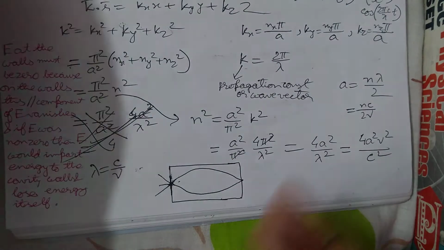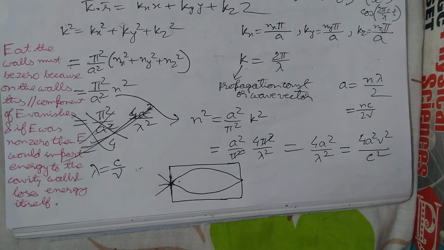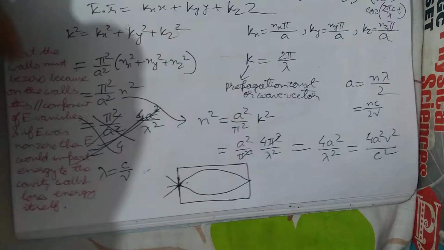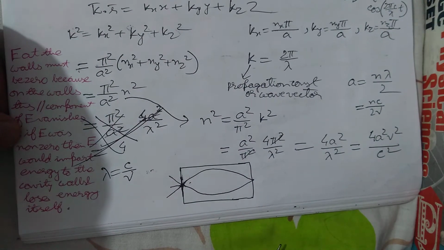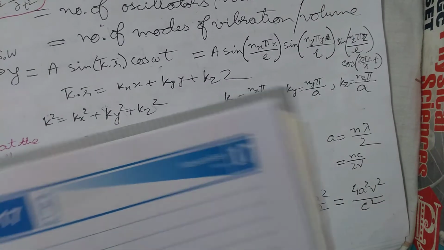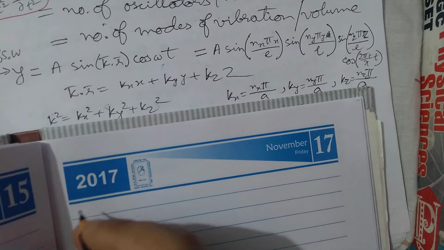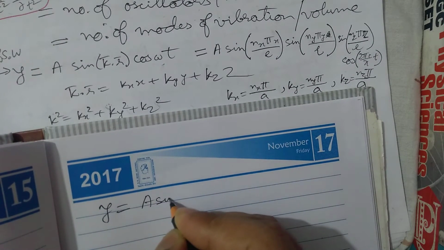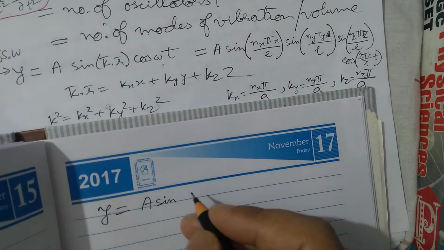You can also prove it mathematically, more clearly. So how can you prove it mathematically? What is the equation here? The equation of a standing wave is y equals A sin(k·r) cos(omega t).